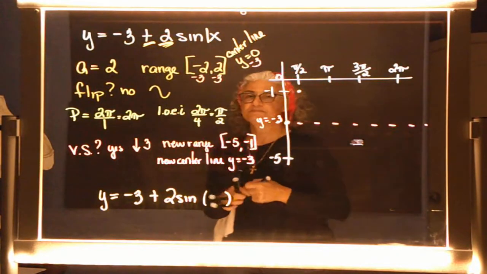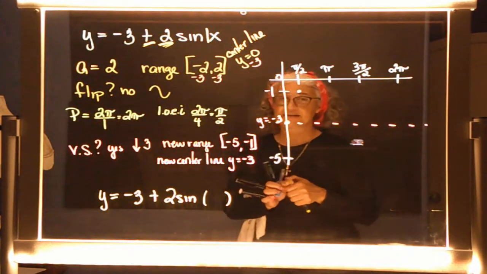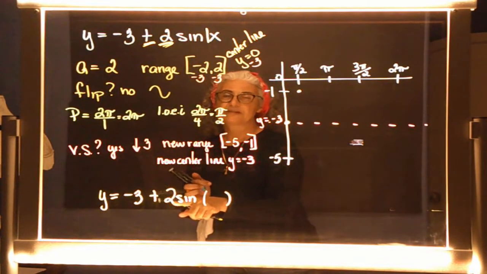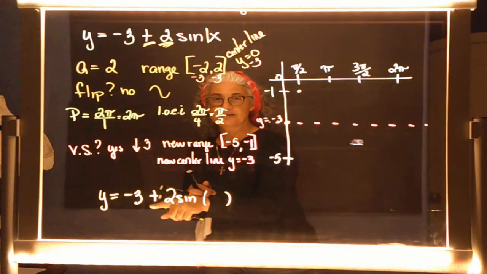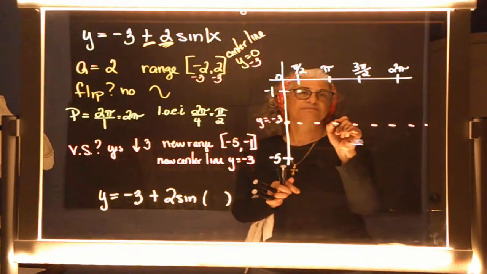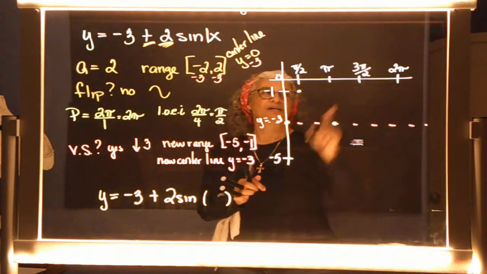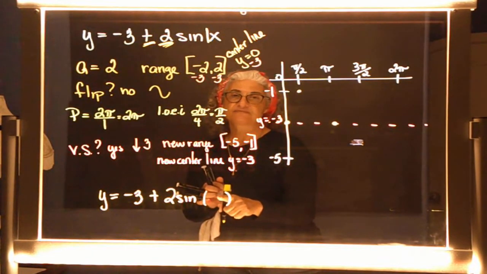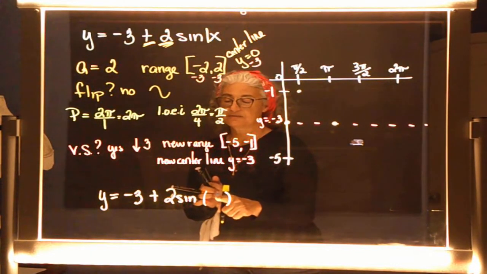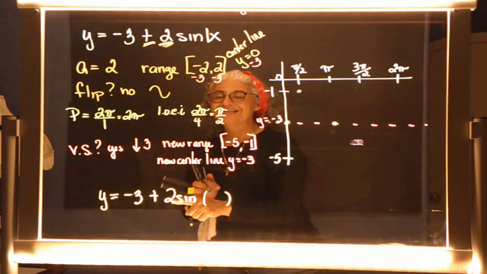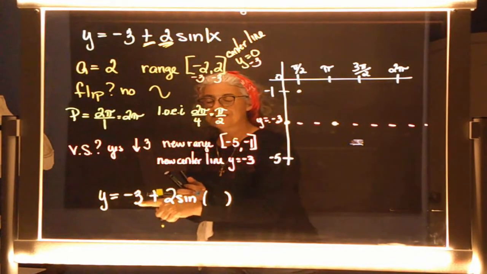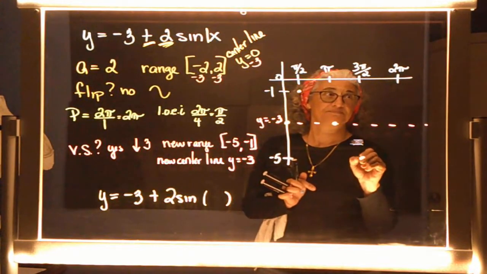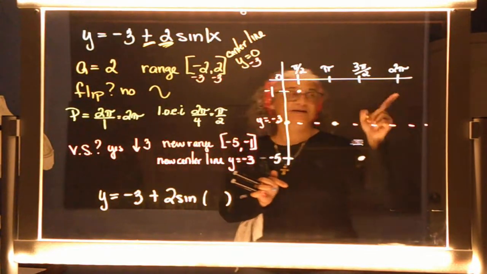Plug in pi. The sine at pi is 0. 2 times 0, 0. Plus -3, -3. 3 pi over 2 is next. What's the sine at 3 pi over 2? -1 times 2, -2, plus -3, -5. And last but not least, back to 2 pi.